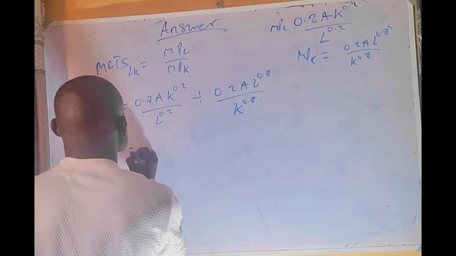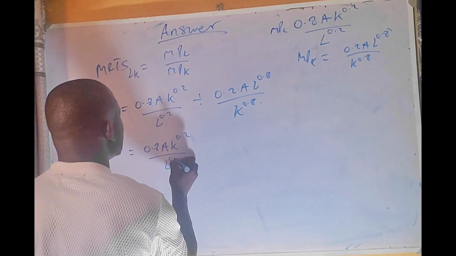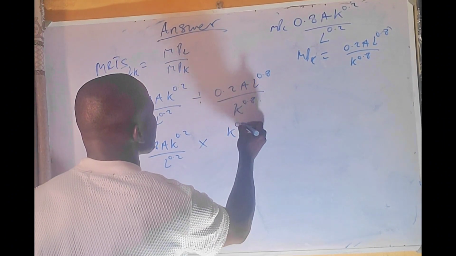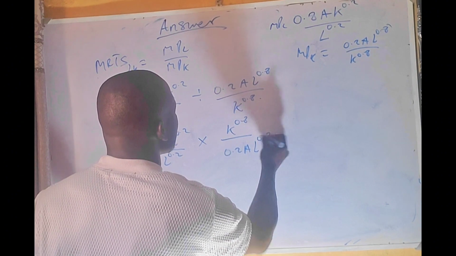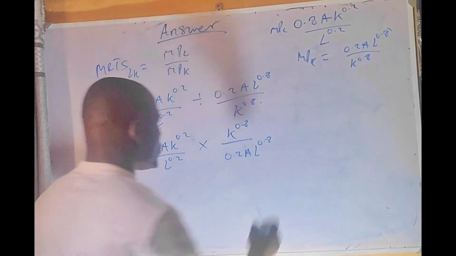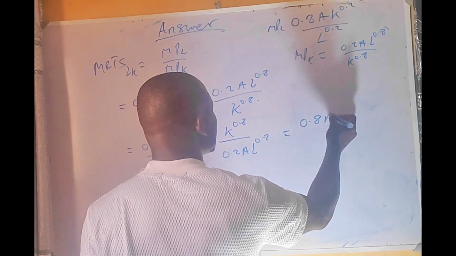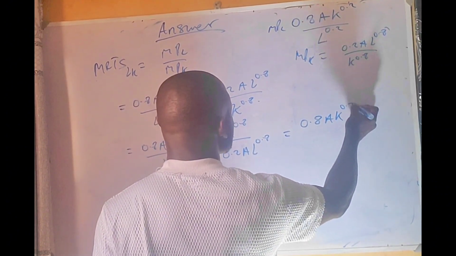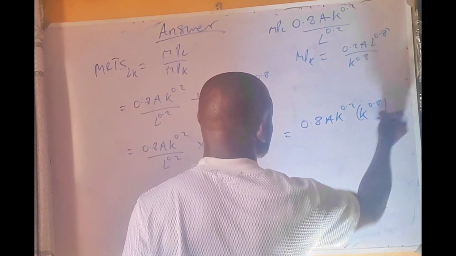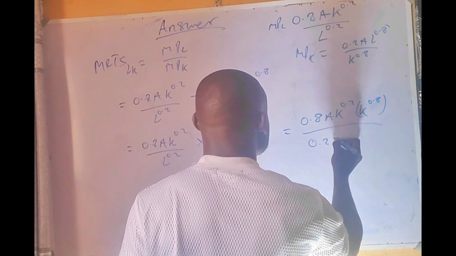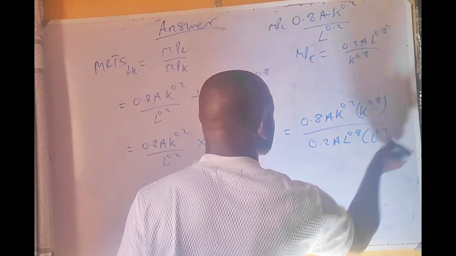That is, we have 0.8 A K^0.2 all over L^0.2 times K^0.8 all over 0.2 A L^0.8. So from here, this will be 0.8 A K^0.2 K^0.8 all over 0.2 A L^0.8 L^0.2.